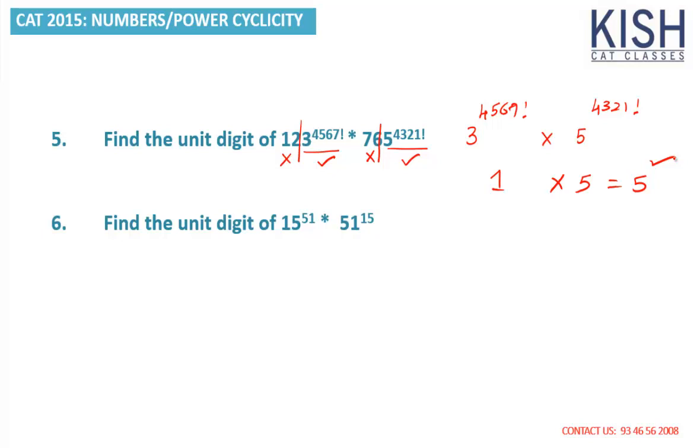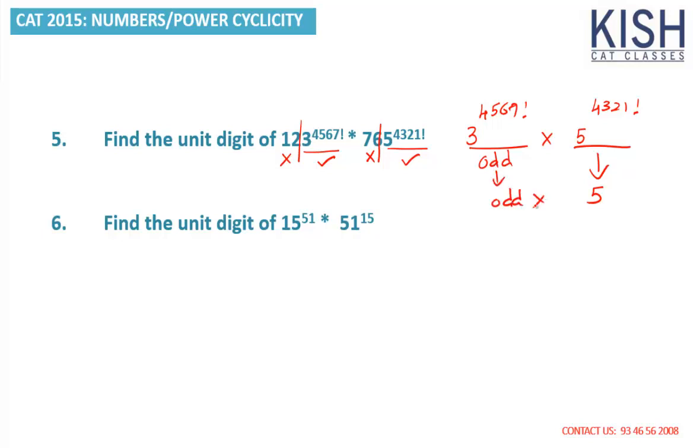Now you don't really need to find 3 power 4567 factorial. That is not required here. Without finding 3 power 4567 factorial, you can solve this question. You just need to apply common sense or strategy. So 5 power some number always ends with 5. Now 3 is an odd number. Odd number raised to any number ends with an odd number.